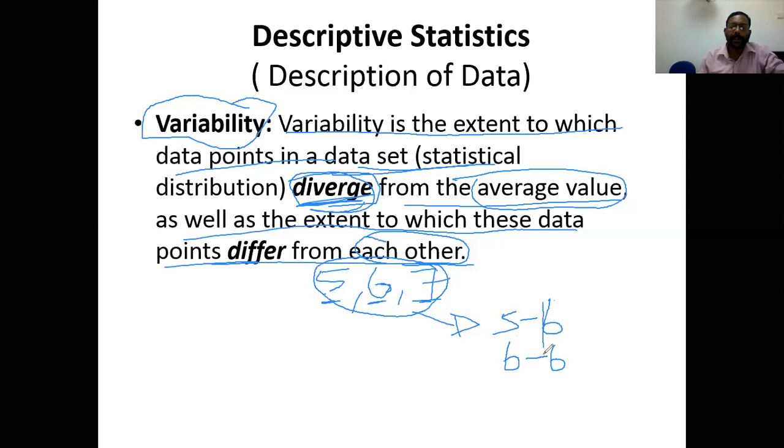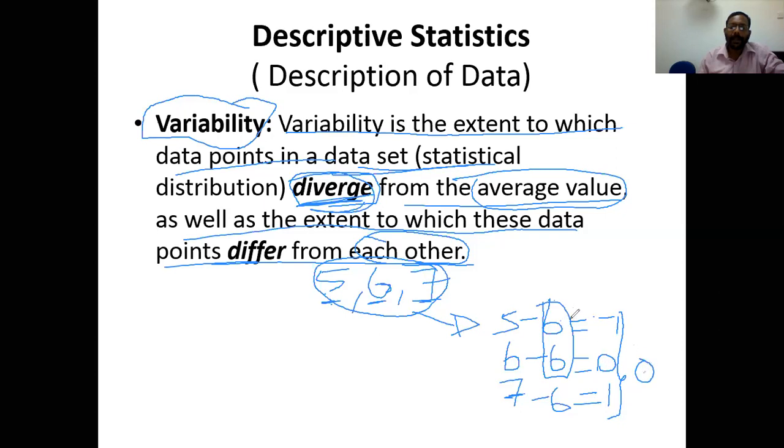First data minus average, second data minus average, third data 7 minus 6. So what is the value here? Minus 1. This one, 0. This one, plus 1. If you add these values, what is happening? It's going to 0.